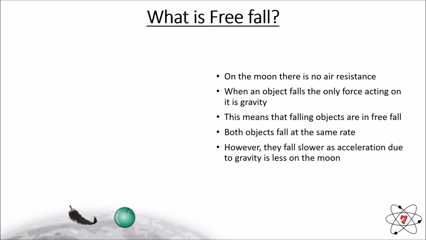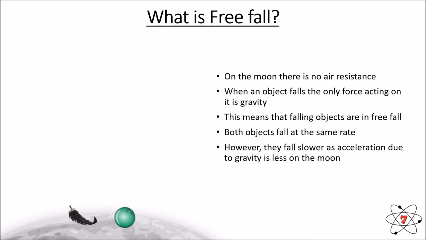However, they fall slower on the moon than they would do on Earth because the moon's gravity is weaker than the Earth's, so the rate of acceleration is going to be less. But this demonstrates very clearly that freefall occurs whenever only gravity is acting on an object and that all objects fall at the same rate depending on how strong gravity is.